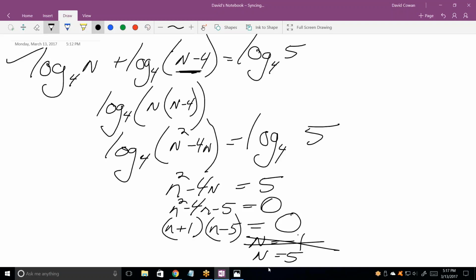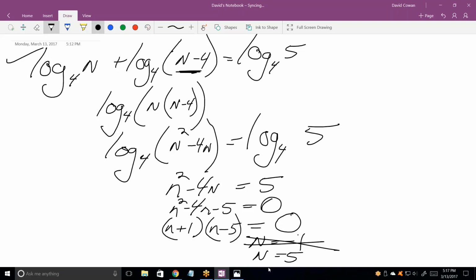If either answer does, and almost always one does, this is a very common problem. You're going to get this on any test. It involves turning it into a quadratic, factoring it, solving it, and usually when you solve a quadratic, you do get a negative answer and a positive answer.